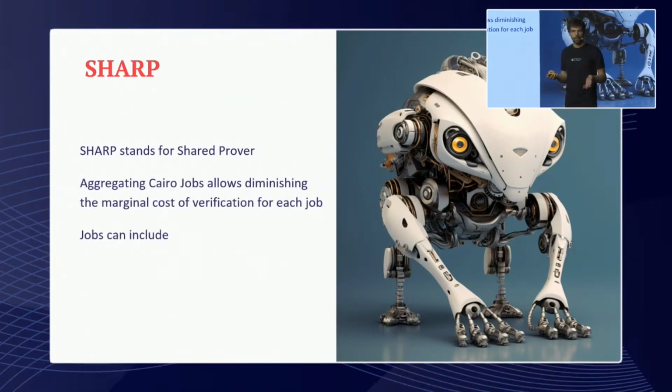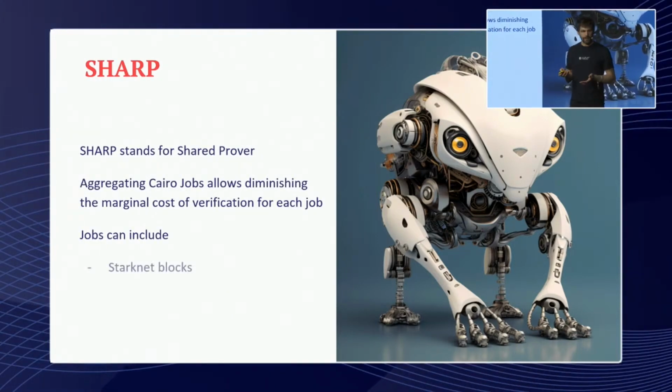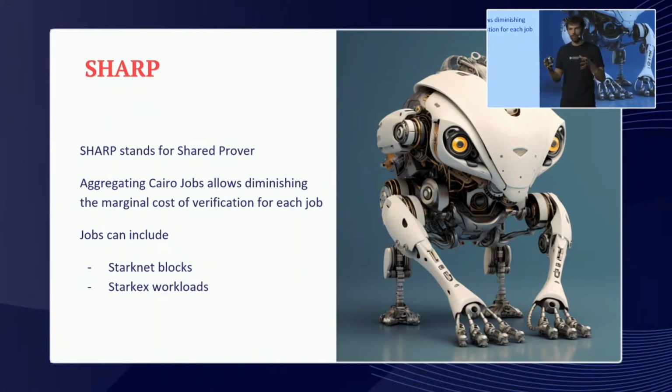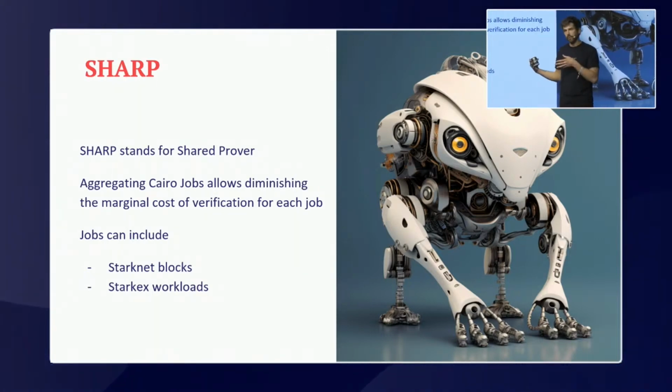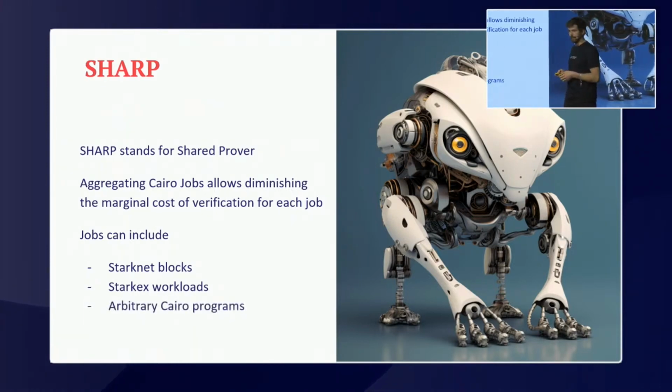Now, the third point here is SHARP. SHARP, which you may have heard of, is, I would say, a batching mechanism for Stone proofs. It's essentially a backend tool run by StarkWare that allows you to take various Cairo programs, aggregate them, and generate a single proof for them, right?